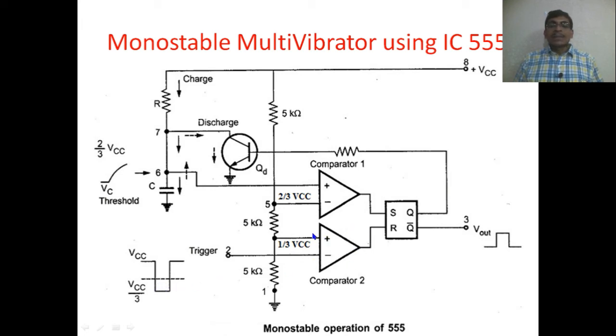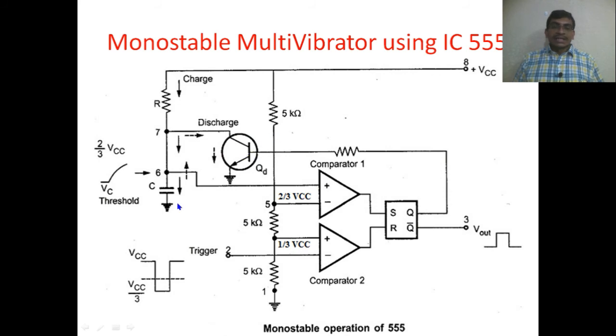Then the second comparator gives the voltage of plus V saturation, which will reset the flip-flop. Therefore, Q is equal to 0 and Q bar is equal to 1. Output will be equal to plus VCC, and this Q equal to 0 will make the transistor off.